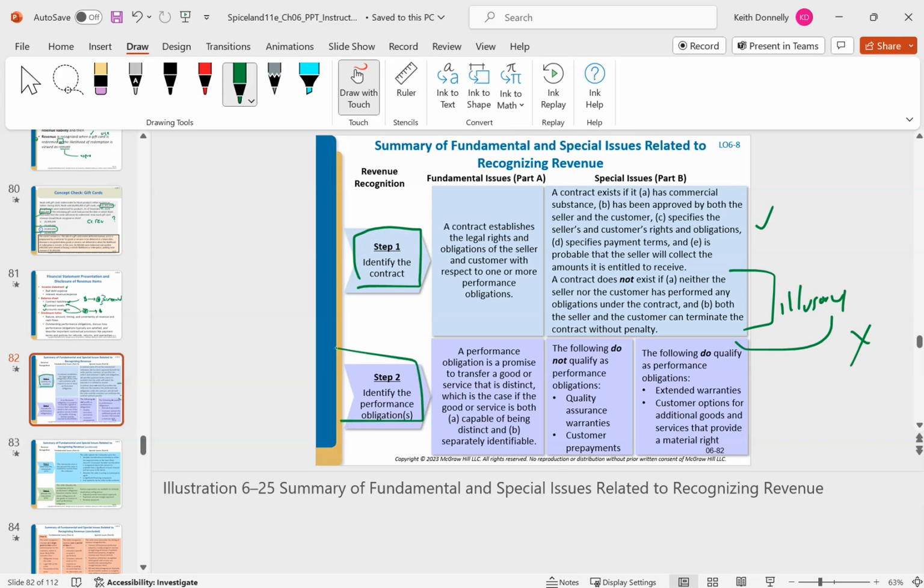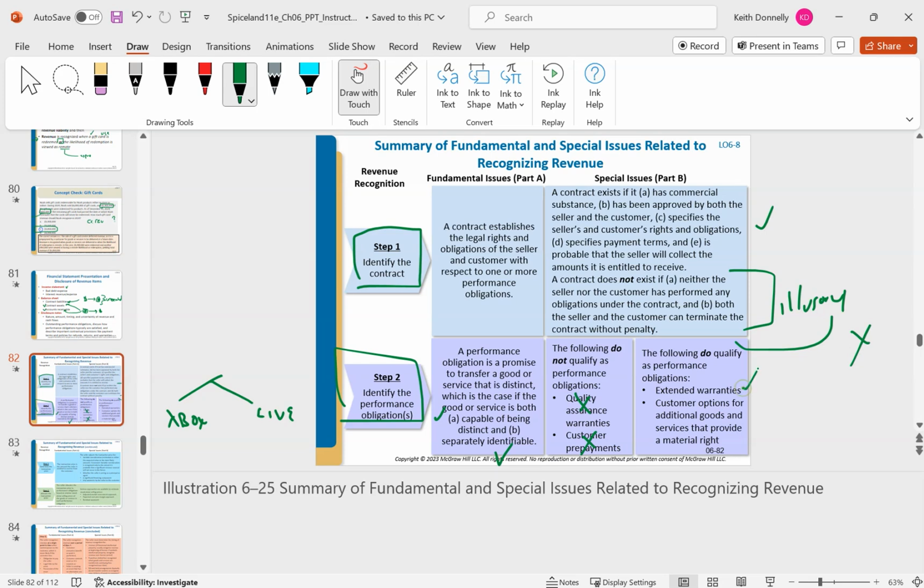We looked at the performance obligations. We said you need to find things that are capable of being distinct and separately identifiable. The Xbox with the Live, that's pretty easy going there. Some things that aren't separate are built-in warranties, or if they give us the cash up front, prepayments.